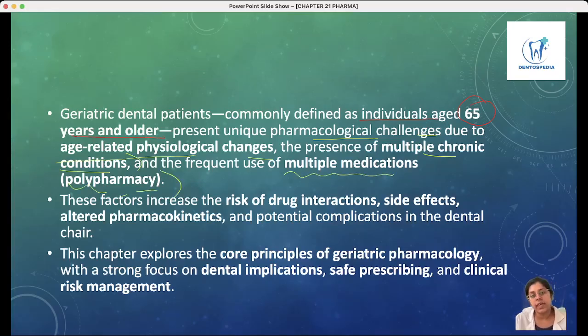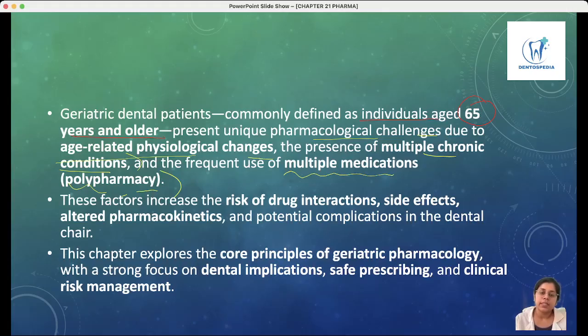Because as we age, there are changes in pharmacological action in our body and a variety of problems occur with age. So elderly patients are more susceptible to polypharmacy, that is taking multiple medications for the same or different problems from different types of shops. So multiple medication issues are very common for elderlies.